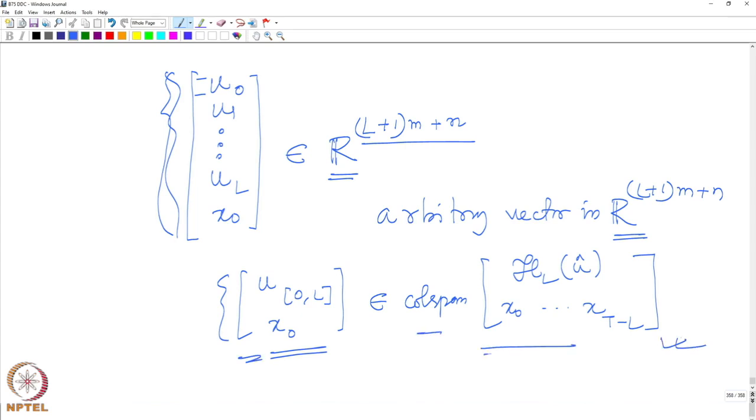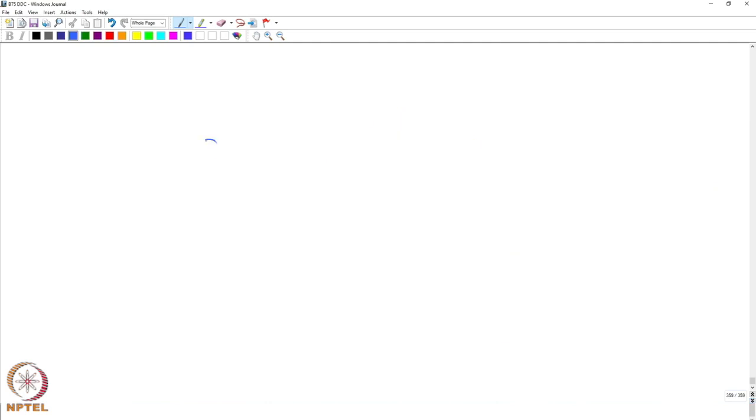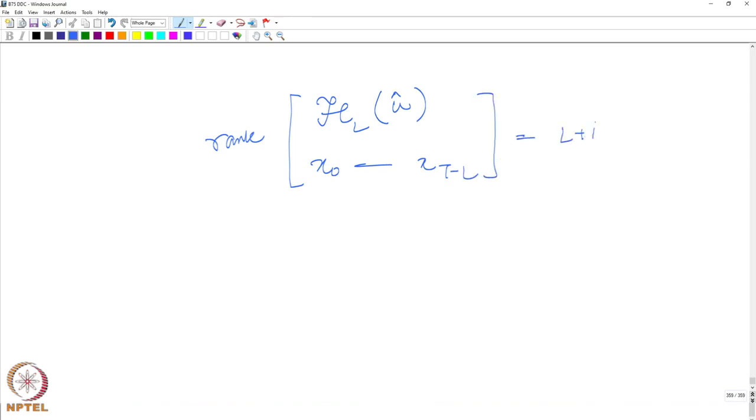Therefore, this column span must be full. So the rank of this matrix, that is the column rank, but column rank is equal to row rank, must be equal to (L plus 1) times m plus n.